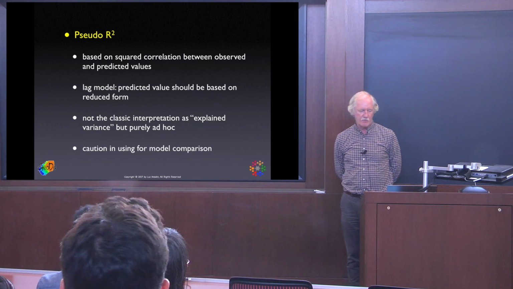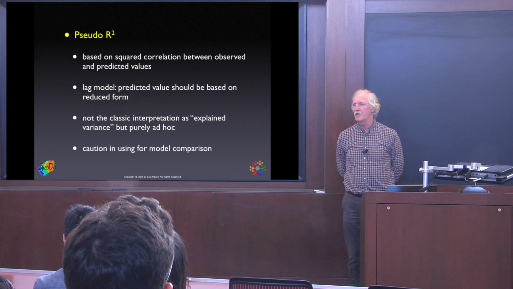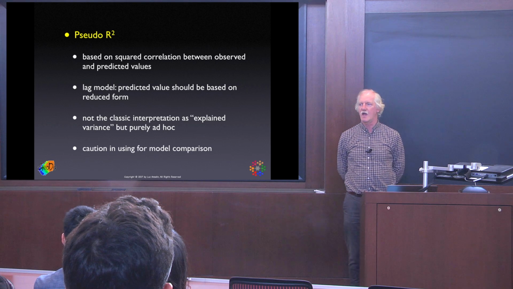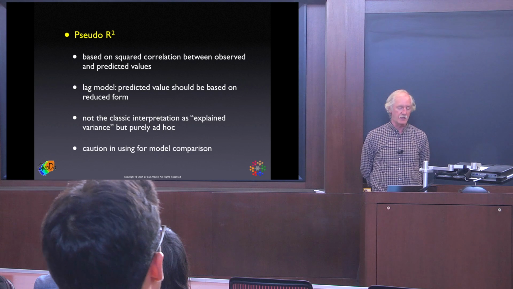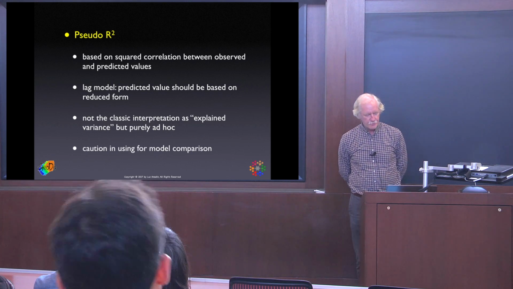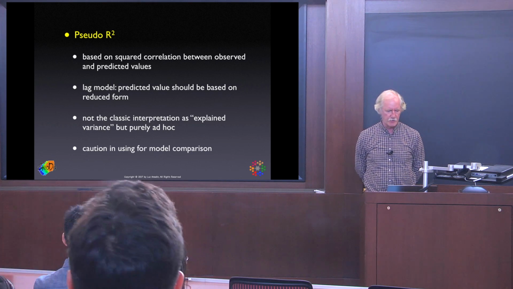But as far as I can tell, nobody uses that anymore. I have it in my 1988 book, but lately I haven't seen anybody use it, nor have I seen it mentioned in textbooks anymore. So in part probably because with larger data sets it doesn't really matter that much.